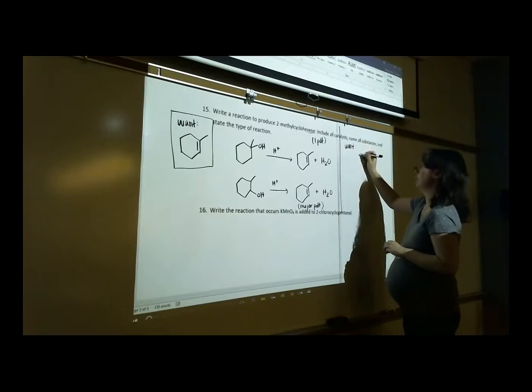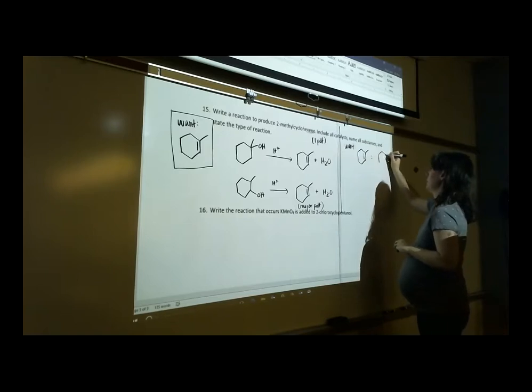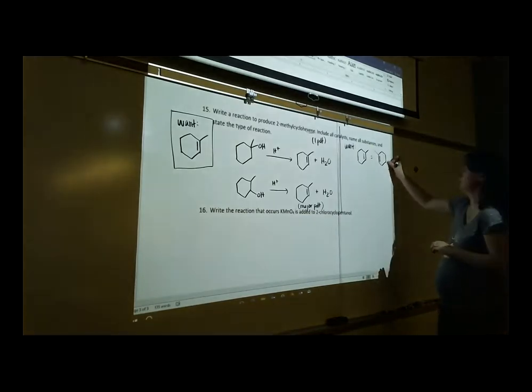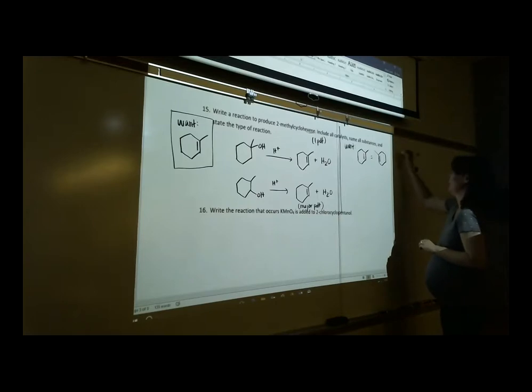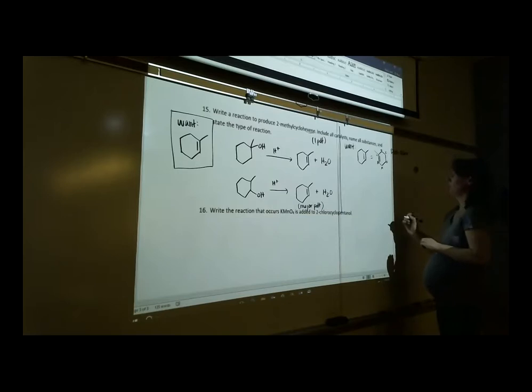If you want this, that's the same thing as this. Does that look familiar? Diels-Alder would work too. Because if you go A, B, C, D, E, F, what would produce that?